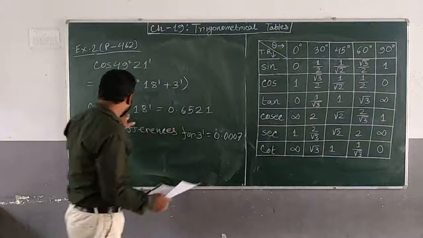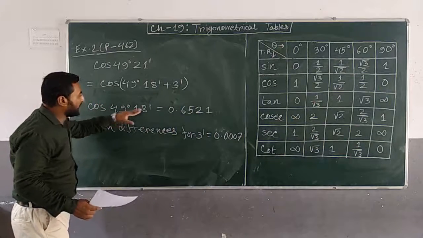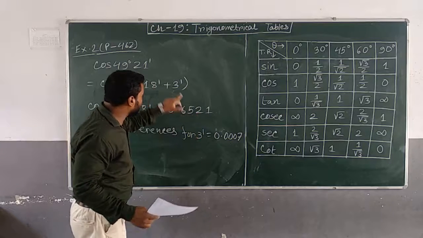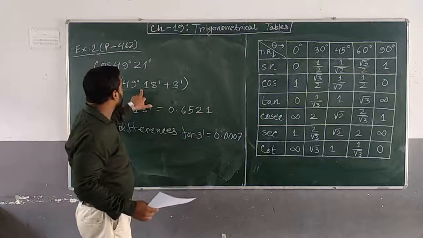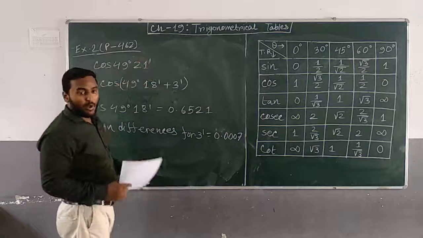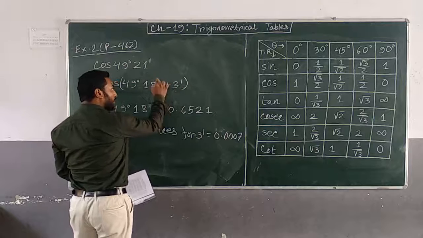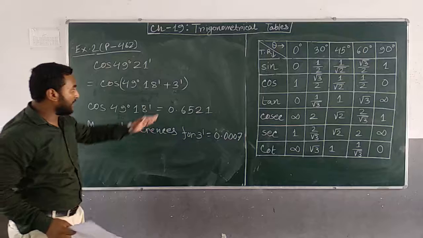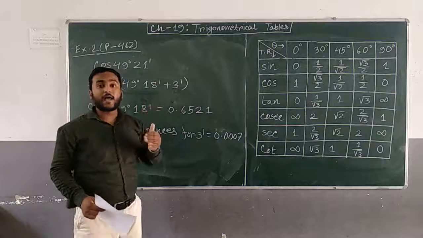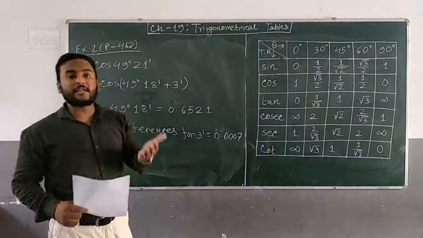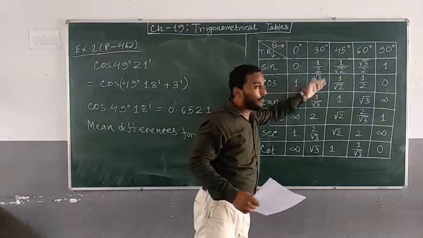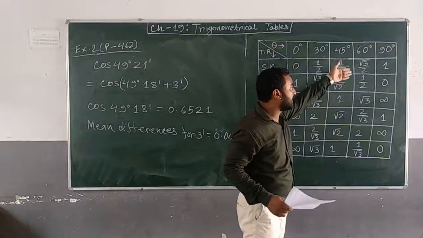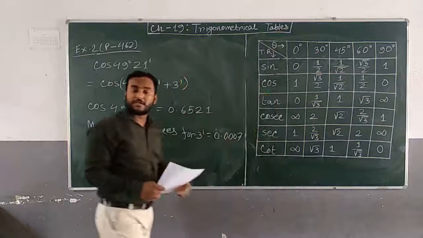It means here the value of cos 49 degree 18 minutes is 0.6521, and 3 minutes are added to this one. Then it will be 49 degree 21 minutes. So 3 minutes more will be added to 18 minutes, then it will become 21 minutes. 3 minutes are increasing means the value of the ratio will decrease, because in this table we can see that when the angle is increasing, cos theta is decreasing.